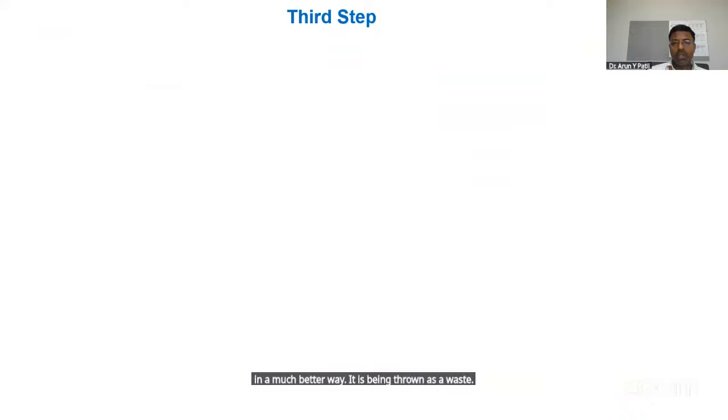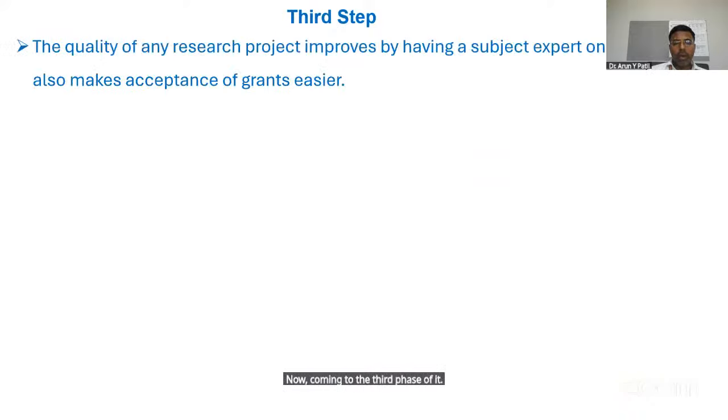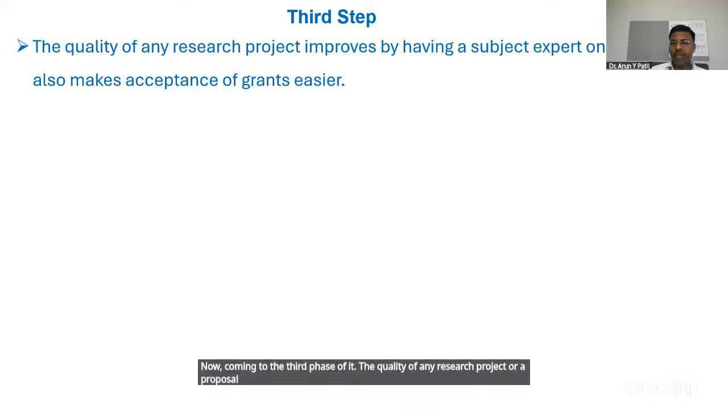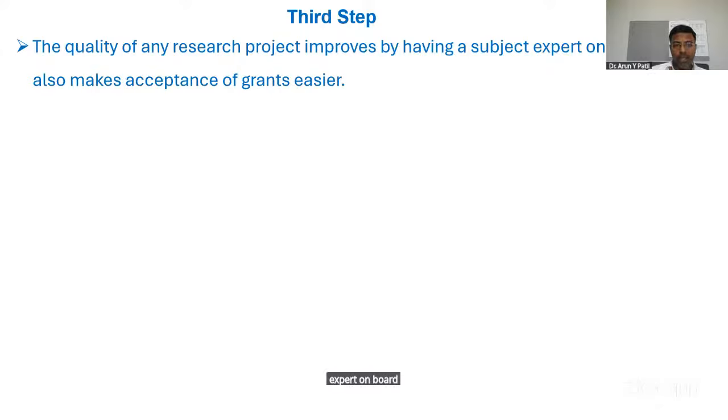Now, coming to the third phase, the quality of any research project or proposal improves by having the subject expert on board, and it also makes acceptance of grants easier.